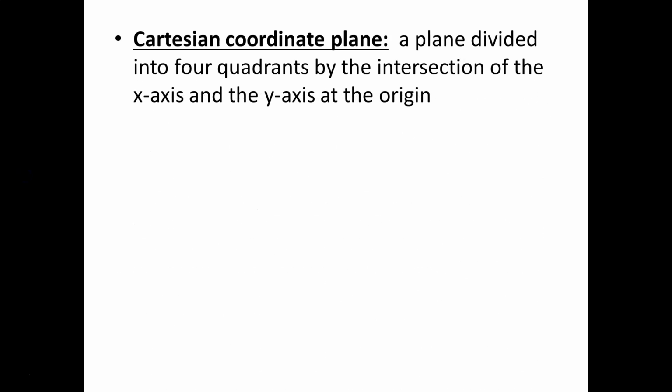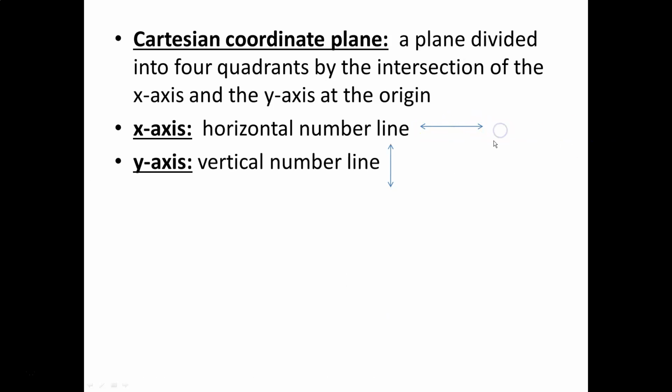The Cartesian coordinate plane is a plane divided into four coordinate quadrants by the intersection of the x-axis and y-axis at the origin. The x-axis is the horizontal number line, which is side to side. The y-axis is the vertical number line, that's the up and down one.